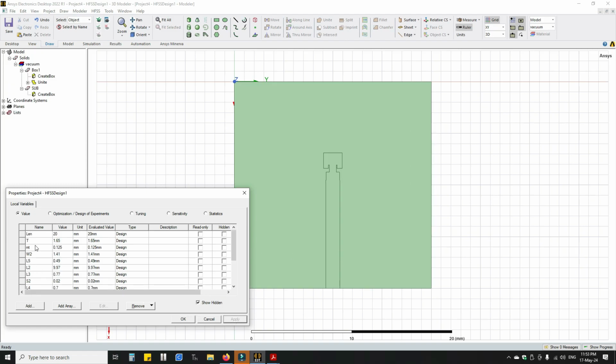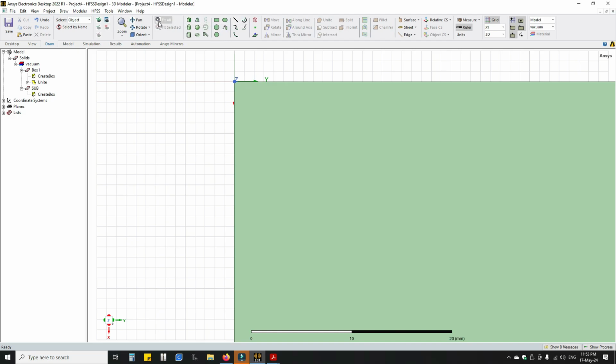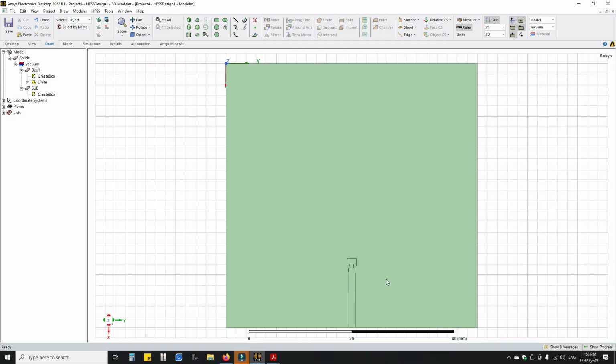If I change the value from 20 to 50, then the radiating element is placed at the middle of the substrate.